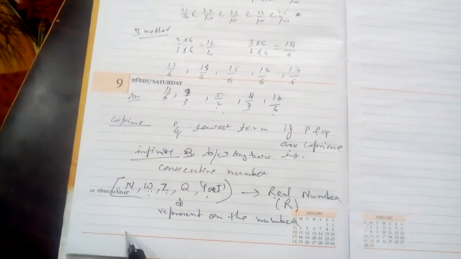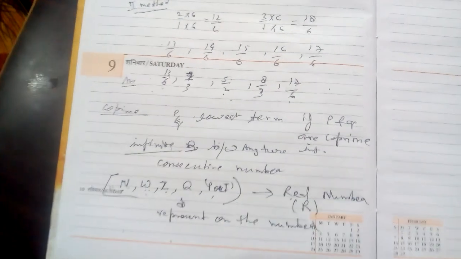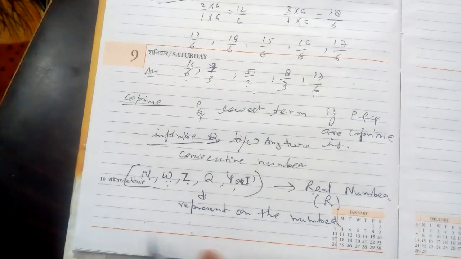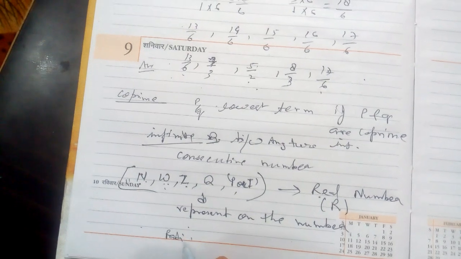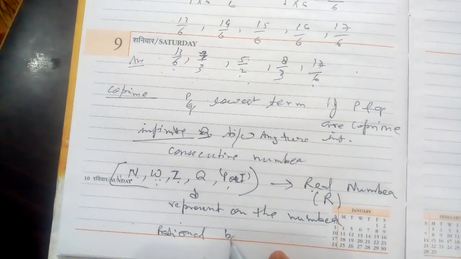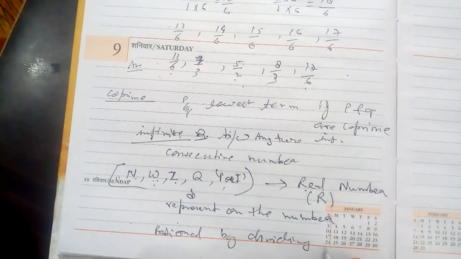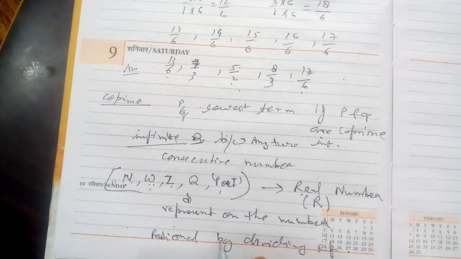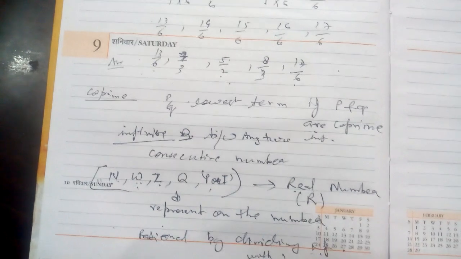Any integer, any natural number, any whole number, you can write in the form of a rational by dividing it by 1.